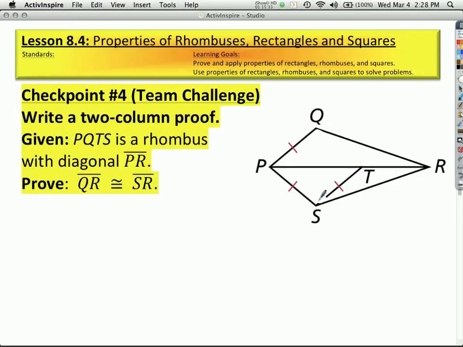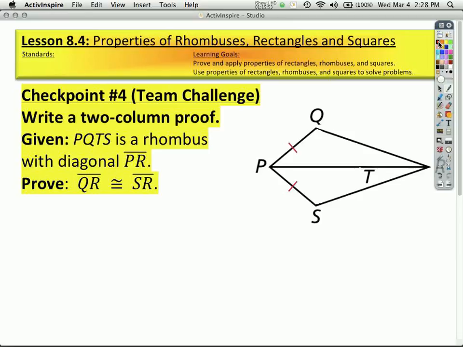So if we took the approach of proving these two triangles were congruent, once you prove triangles are congruent by CPCTC, you can say that any corresponding parts are congruent.